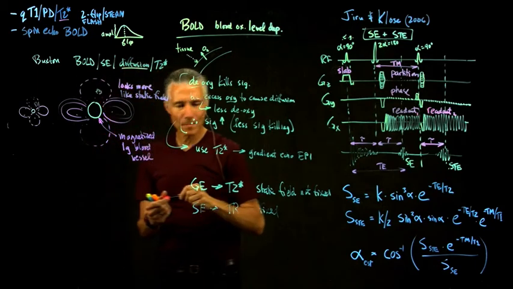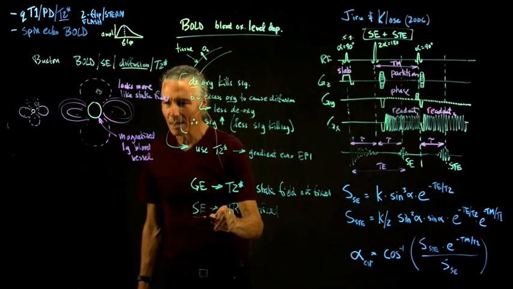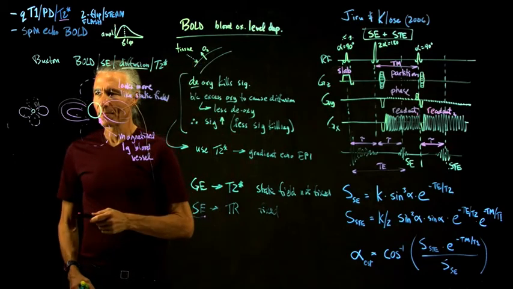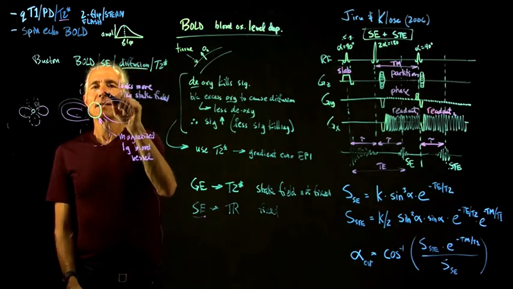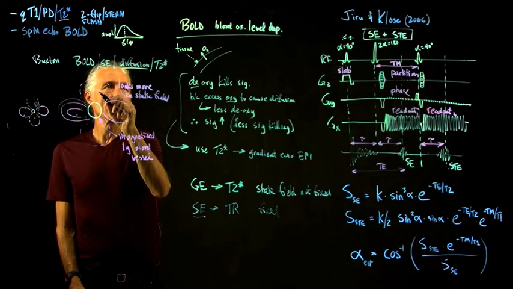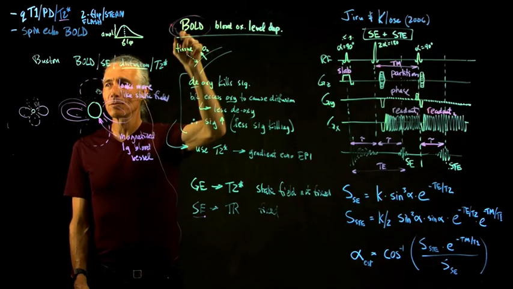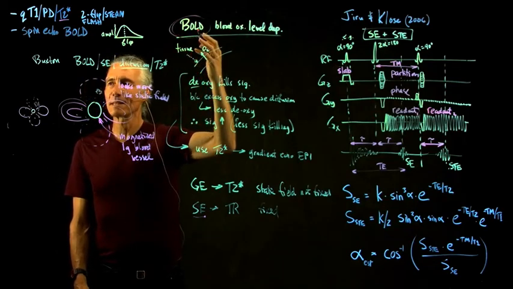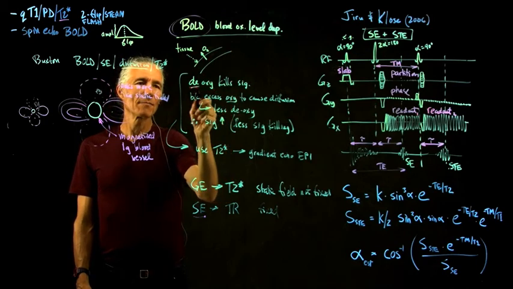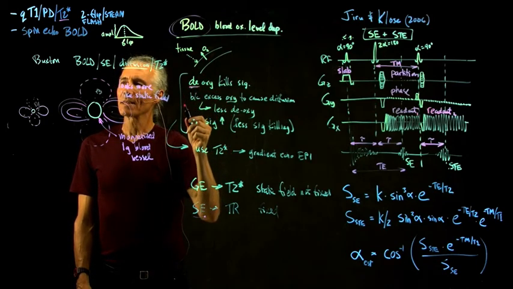And so what's going to happen is, if you do spin echo, it's going to fix it, because spin echo can deal with that kind of situation, which is why it kills BOLD, because BOLD is basically a static field offset from less deoxy.